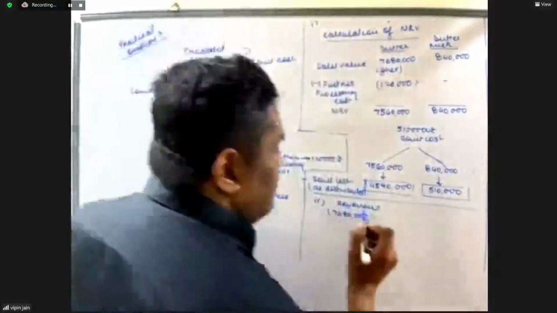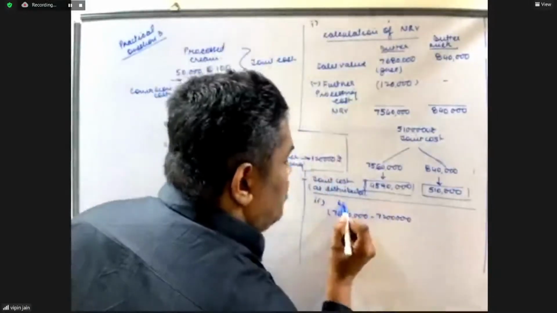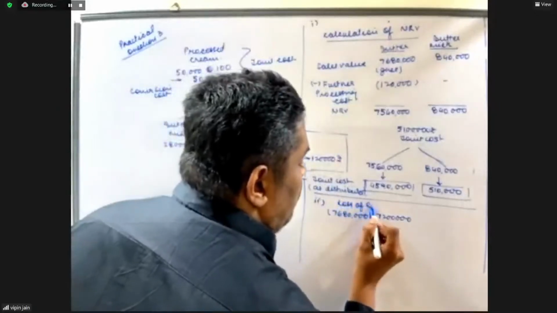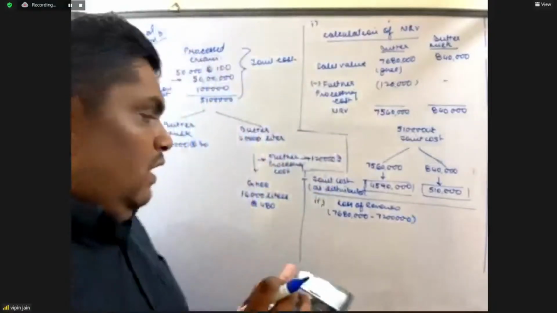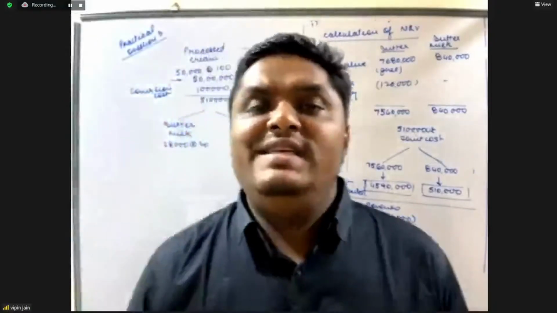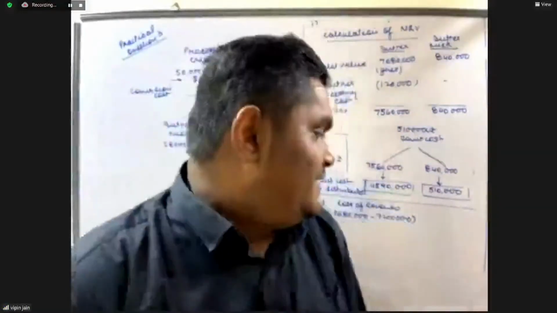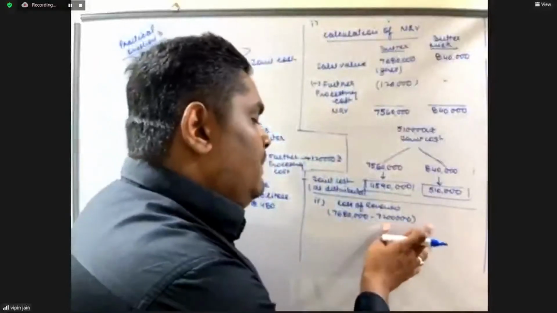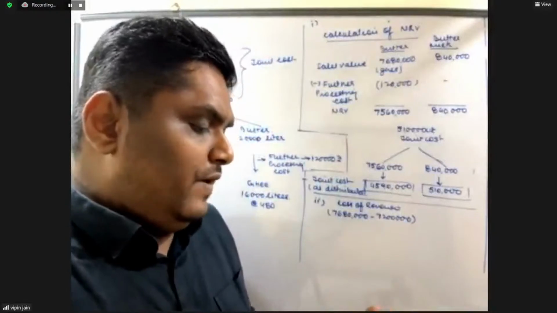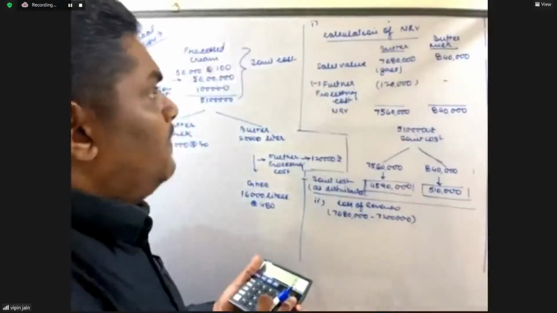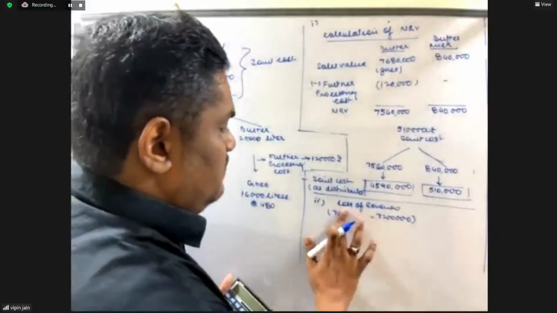That is 72 lakh. So we can say loss of revenue. There is a loss of revenue of how much? Earlier, we were getting 76,80,000 as the revenue on sale of ghee. However, if we sell butter to the buyer, then we'll be getting 72 lakh only. So how much is the loss of revenue? Sorry, 75 lakh 60.